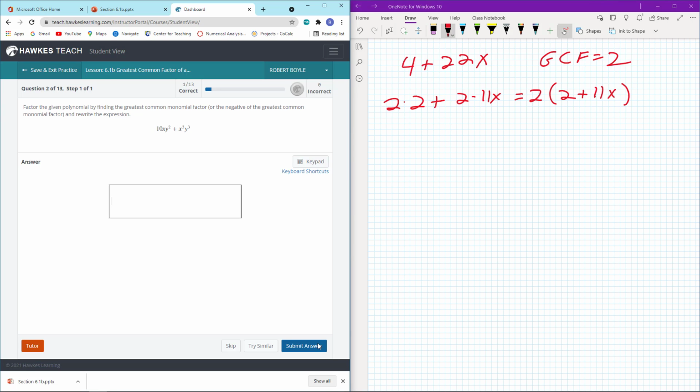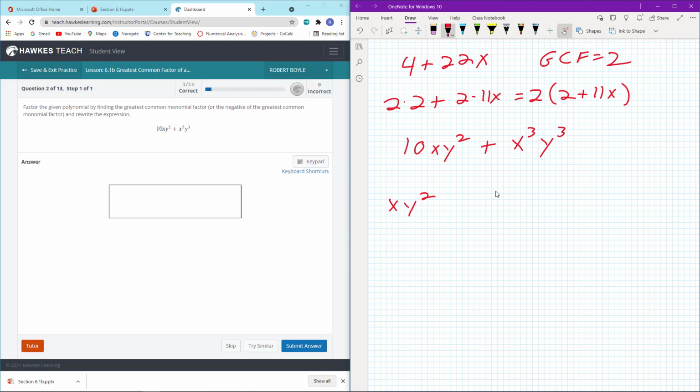Okay, let's go ahead and do this one. Here we have 10xy squared plus x cubed y cubed. So the greatest common factor for these two terms is going to be xy squared.